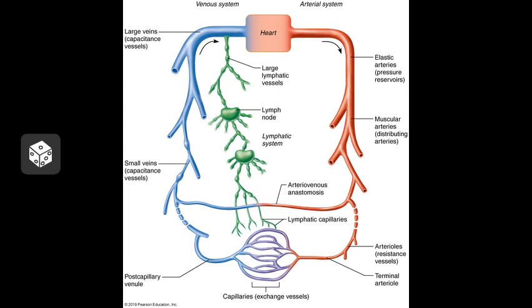Vasoconstriction makes the blood vessel smaller, vasodilation makes it bigger. Now, that influences something we call resistance, which we'll talk about in Part 2.